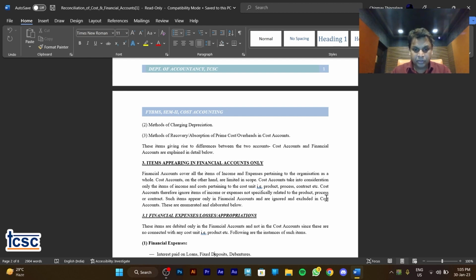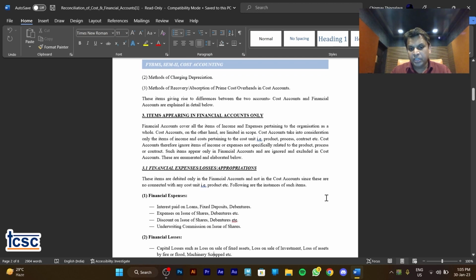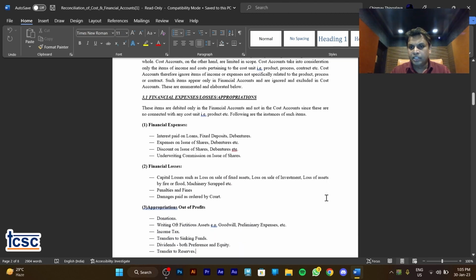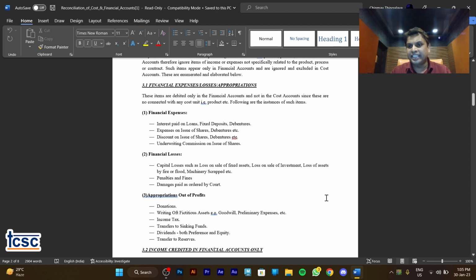Apart from that, there is one item, for example, finance expenses. We know that bank charges and interest paid are all known as finance expenses, and these finance expenses appear only in the finance book, means they appear only in the profit and loss account, but they are not going to appear in the cost sheet. We used to ignore these items while preparing the cost sheet.